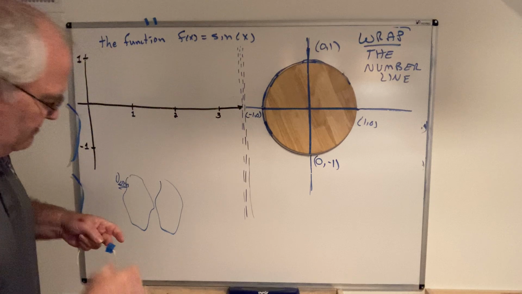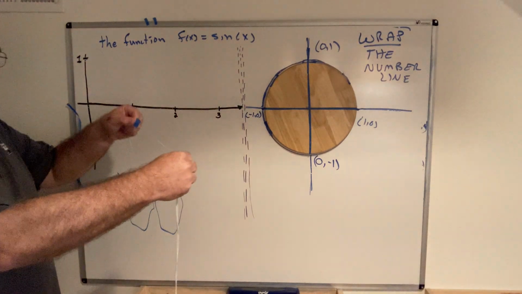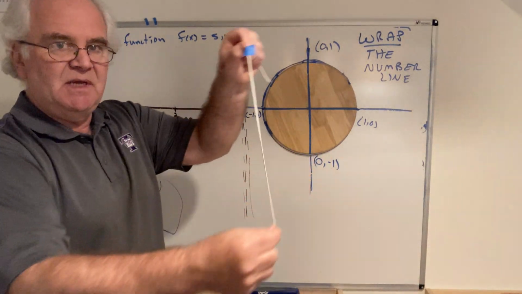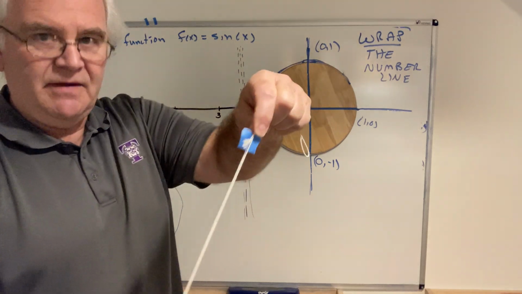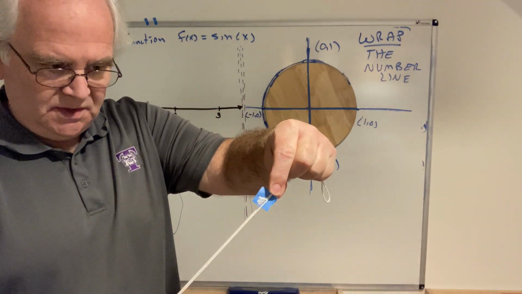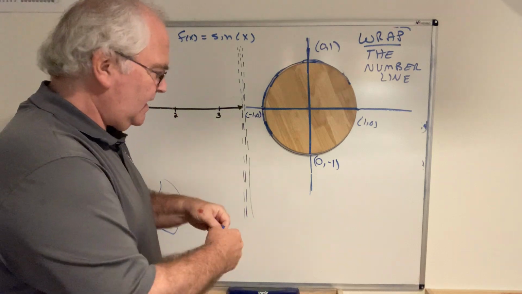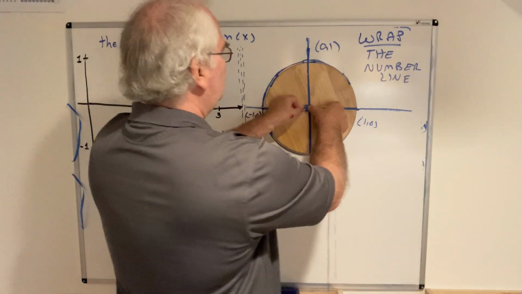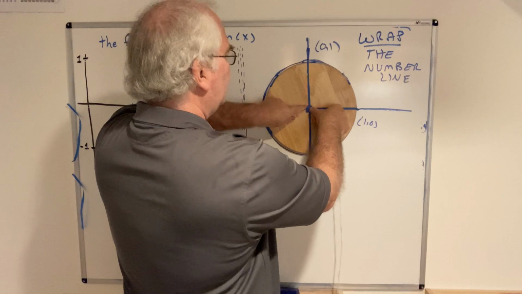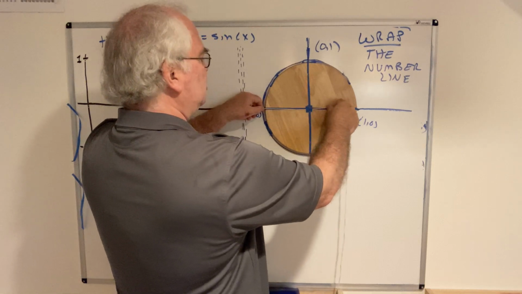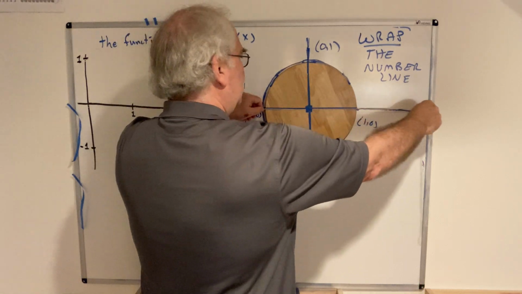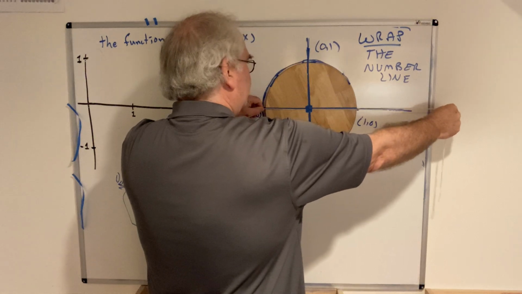All right, so what do we mean by this? Imagine this string. I have a piece of string here, and I have a little blue dot taped to this string. Now let us imagine that I take this blue dot and put it at the origin of this coordinate system.